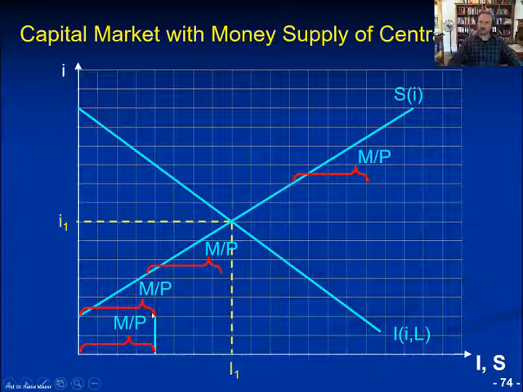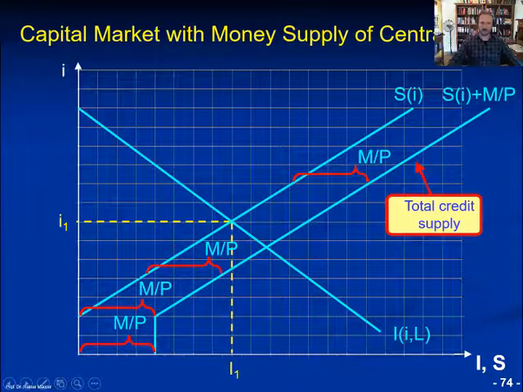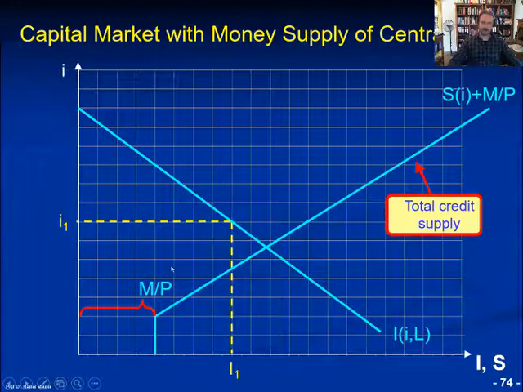If you link now these points with each other, we receive the total credit supply curve. If you omit the savings supply curve, the total credit supply curve now looks like this curve.